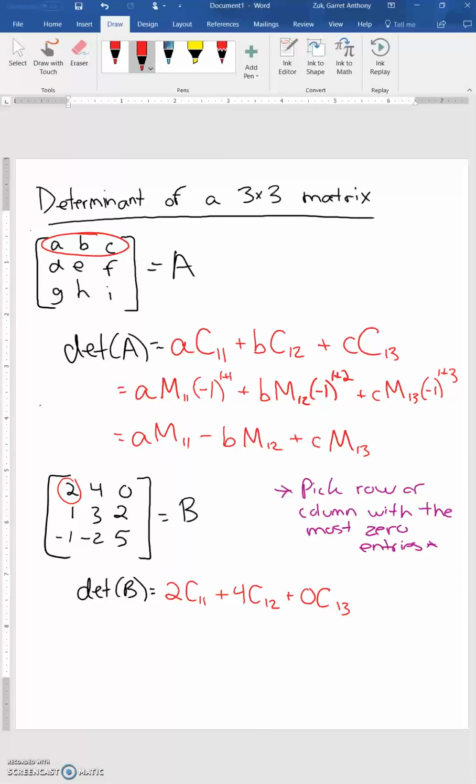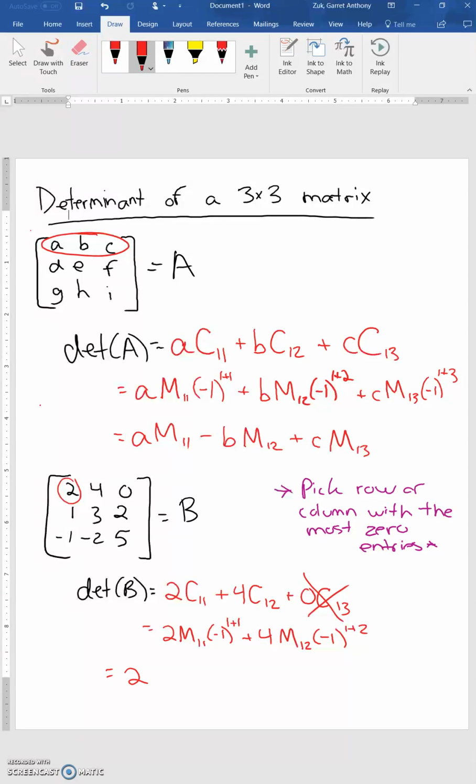But since that's being multiplied by 0, that just goes away. So let's go ahead and evaluate what we have left. That's 2 times the minor at 1, 1, times -1 to the 1 plus 1, plus 4 times the minor at 1, 2, times -1 to the 1 plus 2 power.